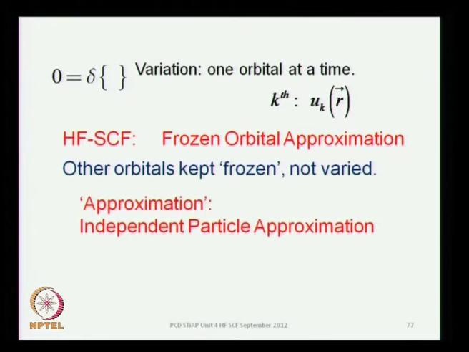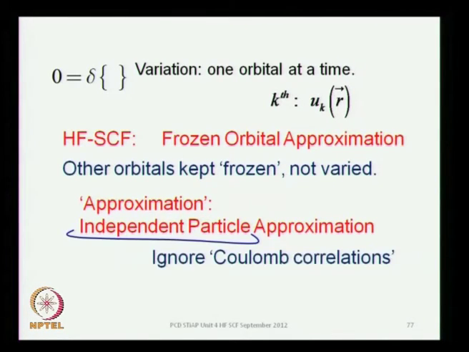So, this is the frozen orbital approximation, and it is also called an independent particle approximation, because the Slater determinant is written as a product of one particle functions. What it really amounts to is that you are ignoring something, or what you are ignoring is precisely what gives you the definition of a Coulomb correlation.